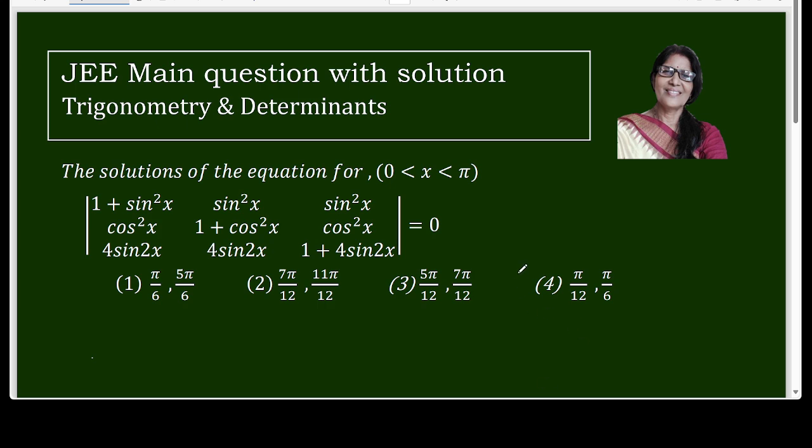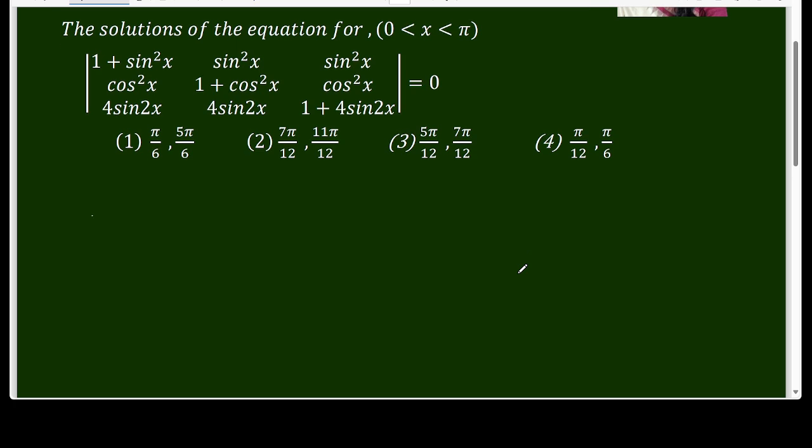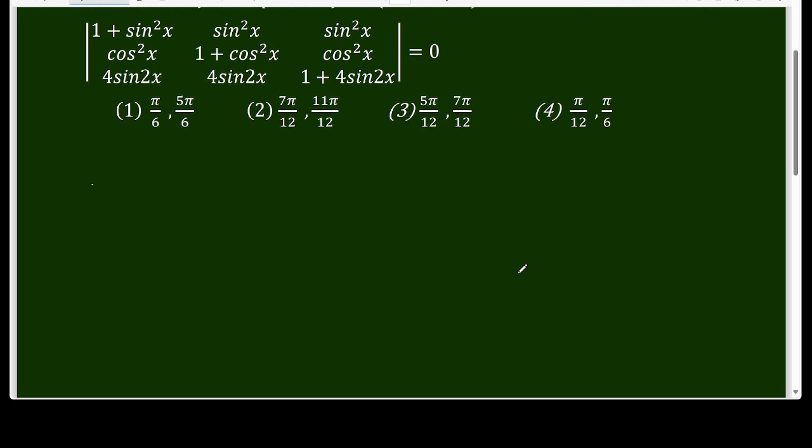So first let's observe the determinant so that we can apply the property to get the determinant value easily. So what I am doing, I am applying the property R1 equals R1 plus R2.